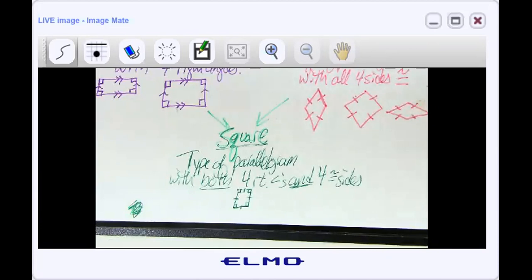Okay, so any questions on quadrilaterals, parallelograms, rectangles, rhombus, or squares? By the way, do you know what the plural of rhombus is?